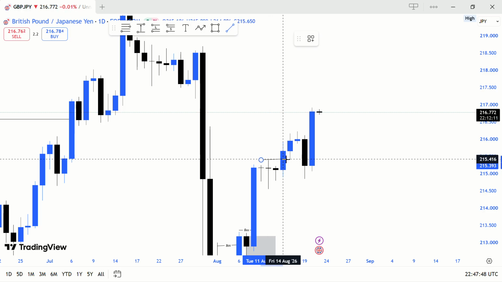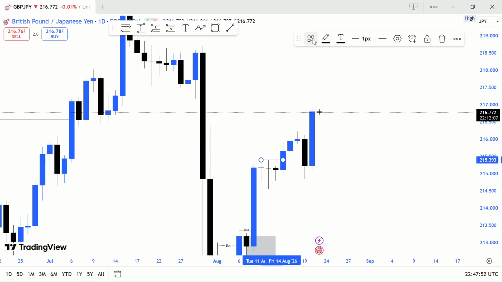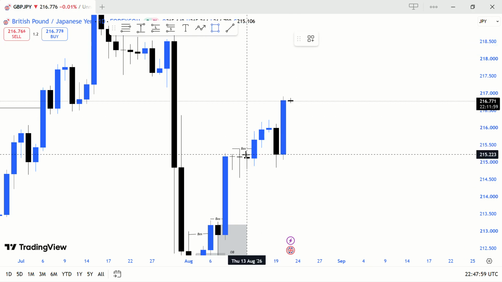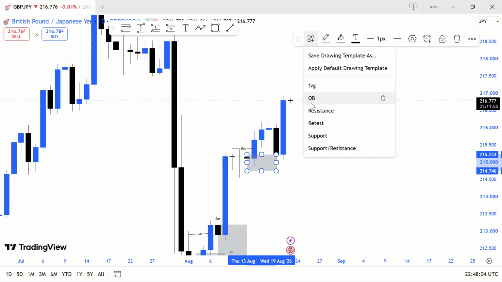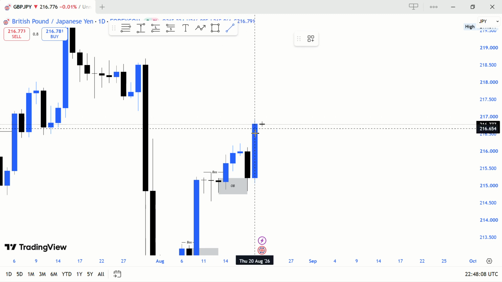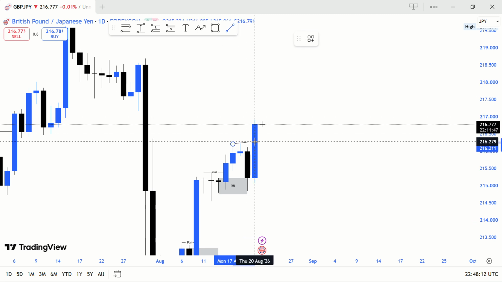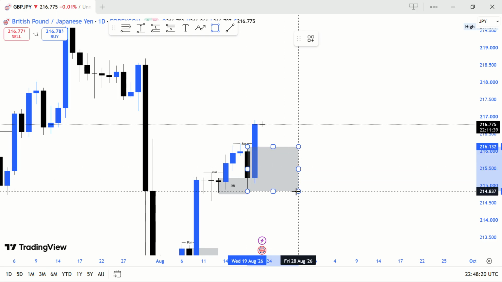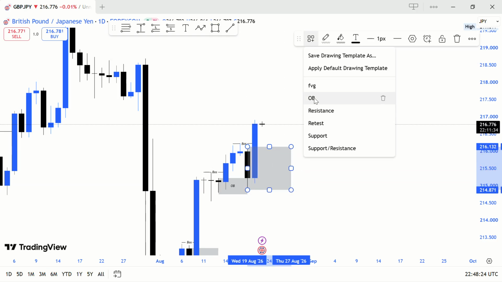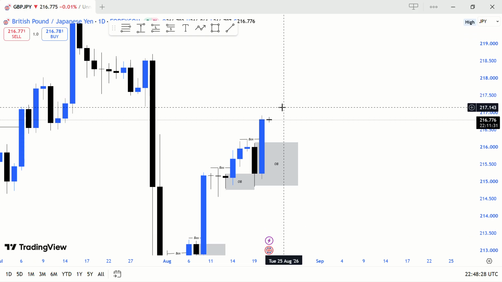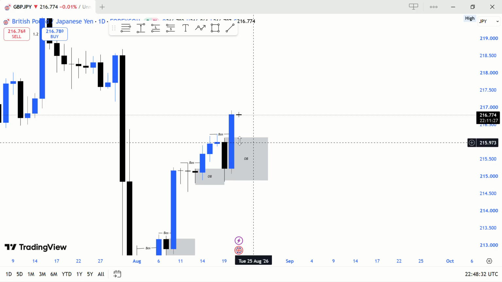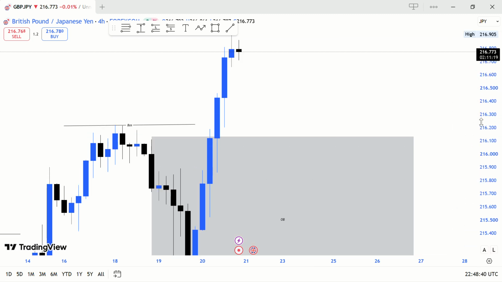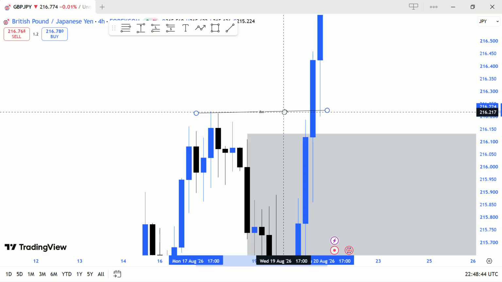We got another break of structure to that side, and that was mitigated, and then we got another push to the upside. And this was the other block that made that push. So if we're going to take a trade in GJ, we should be looking around here. But then we need to move down to our 4 hour time frame and see how it's going to play.